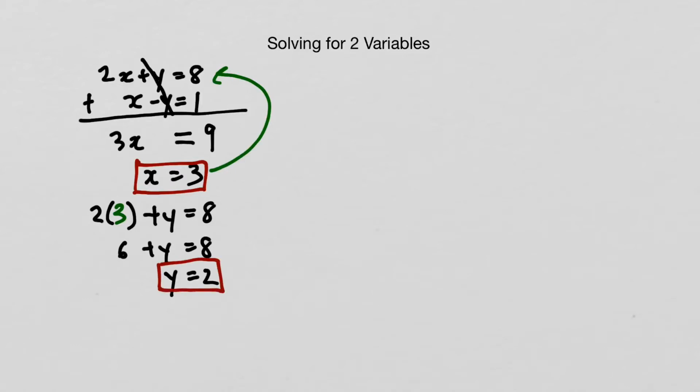Now, to double check, we're going to plug both of those values into the second equation. You could do it to either one, but I'm going to choose the second one. So I'm going to take the second equation, rewrite it here, and ask myself, does 3 minus 2 equal 1?